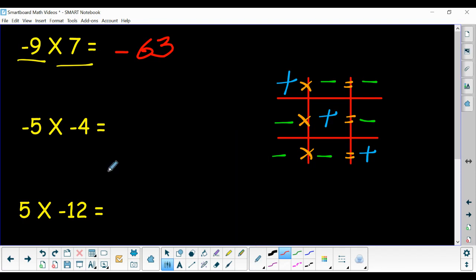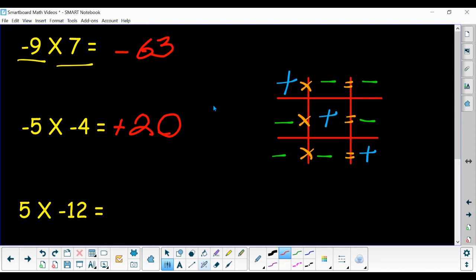So what I was saying is you can either put 20 or positive 20. It doesn't matter. It's still the same. All right, so we're down to our last question. Now we're looking at right here a positive followed by a negative.